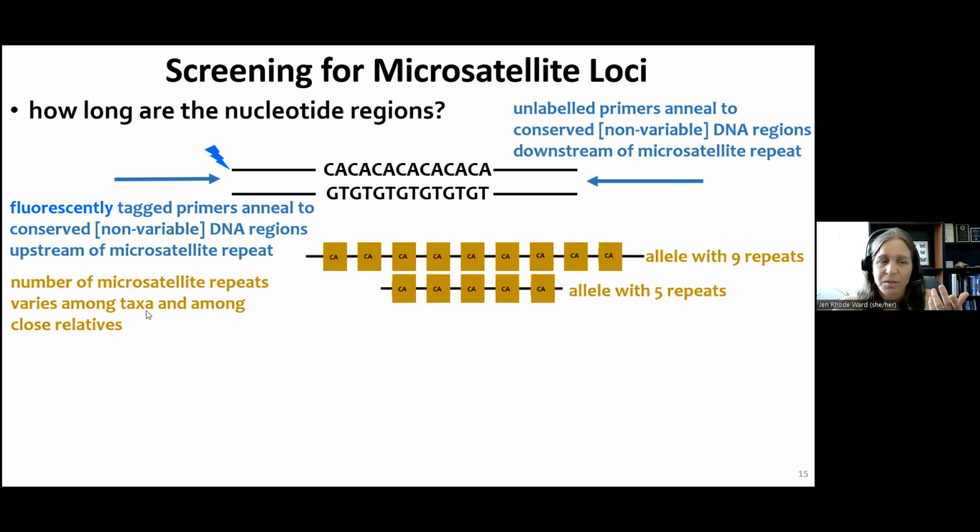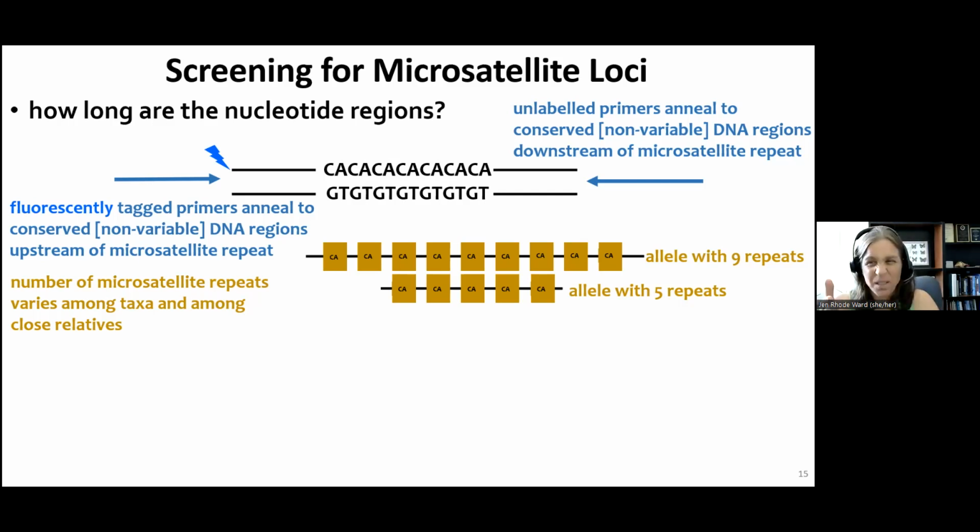Again, the number of microsatellite repeats will vary among taxa, so it would vary between Asian bittersweet and American bittersweet, and also among close relatives. So let's say this is the parent, 7 repeats. Its babies might have 9 repeats or might have 5 repeats, because when this parent makes an egg or a pollen grain, its enzyme is likely to make an error when it's copying the microsatellite region to go into that egg or into that sperm.